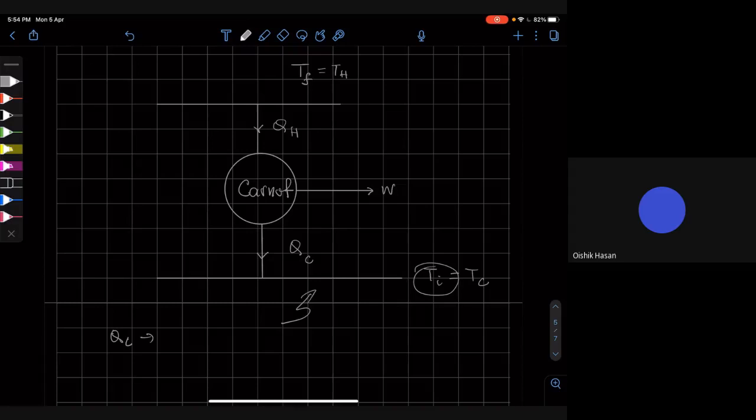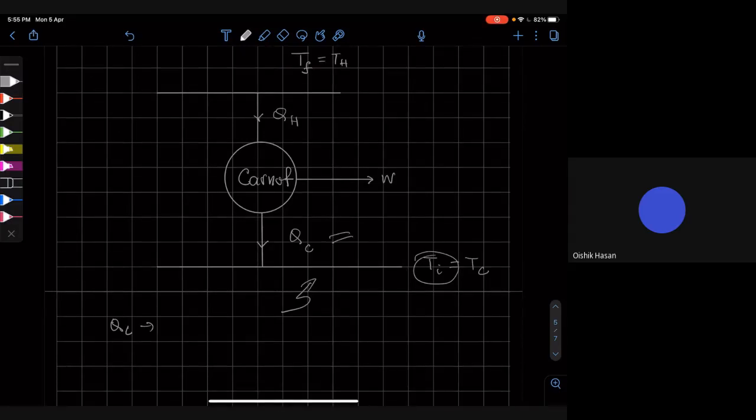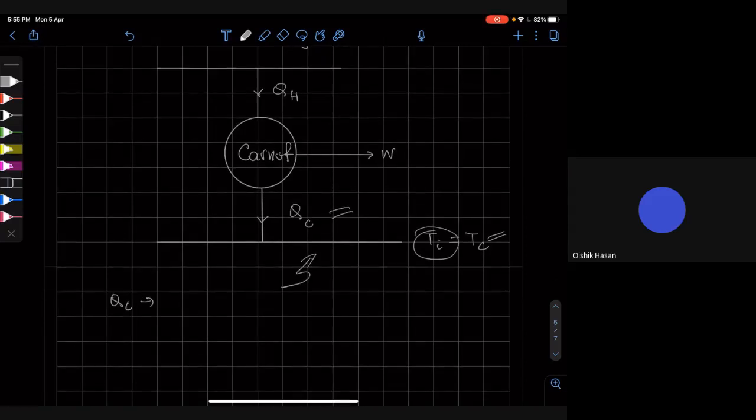So we know what QC is. We also know what TC is, and we also know what TH is. If I'm given TC and TH, I can calculate eta, the efficiency.